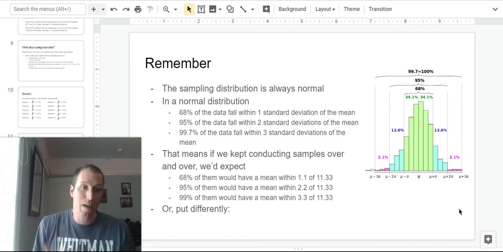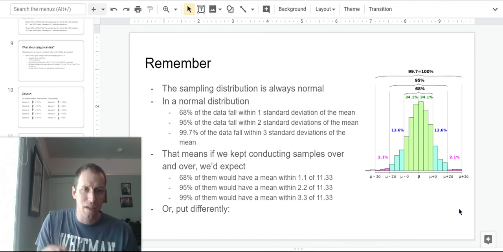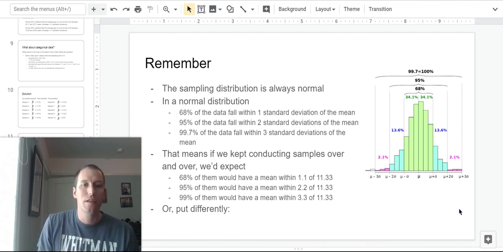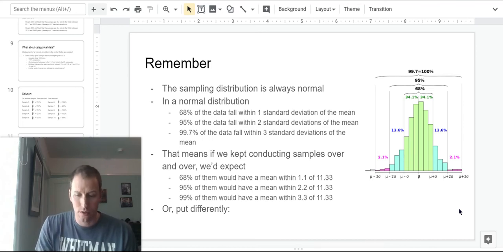That means if we keep doing samples over and over, we'd expect about 68% of them to be within 1 standard deviation, or 1.1, of our mean 11.33. We'd expect 95% of them to be within 2 standard deviations, or 2.2, of 11.33. We'd expect 99%, nearly all, to be within 3 standard deviations.